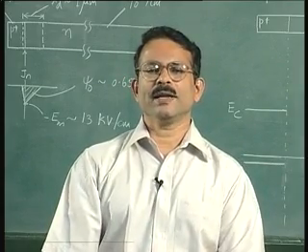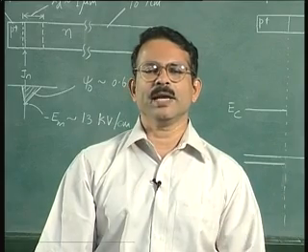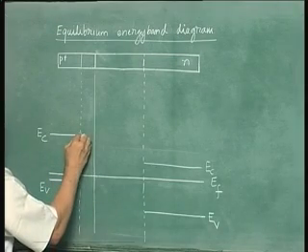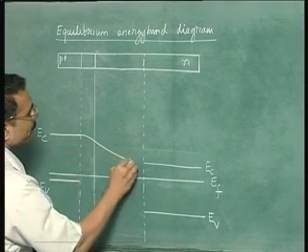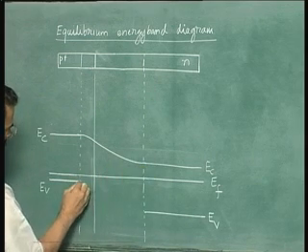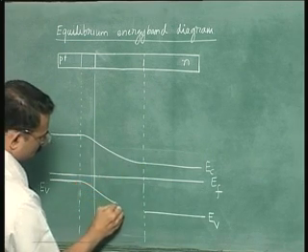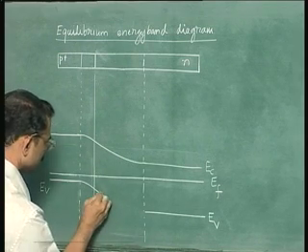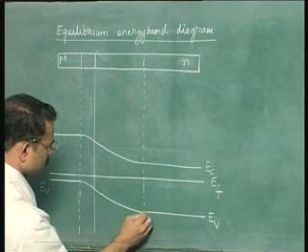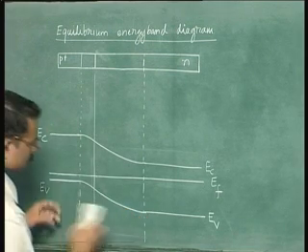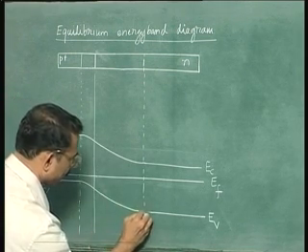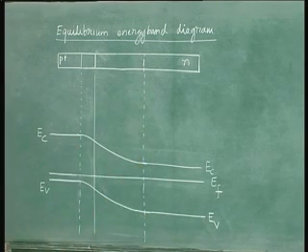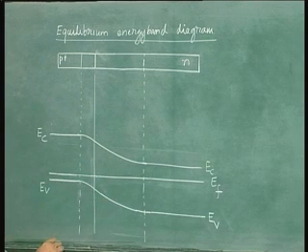Now you cannot have infinite electric field anywhere, so EC and EV variations cannot have any discontinuities. So you must draw continuous variations. So that is the EC and EV variations in the depletion layer.